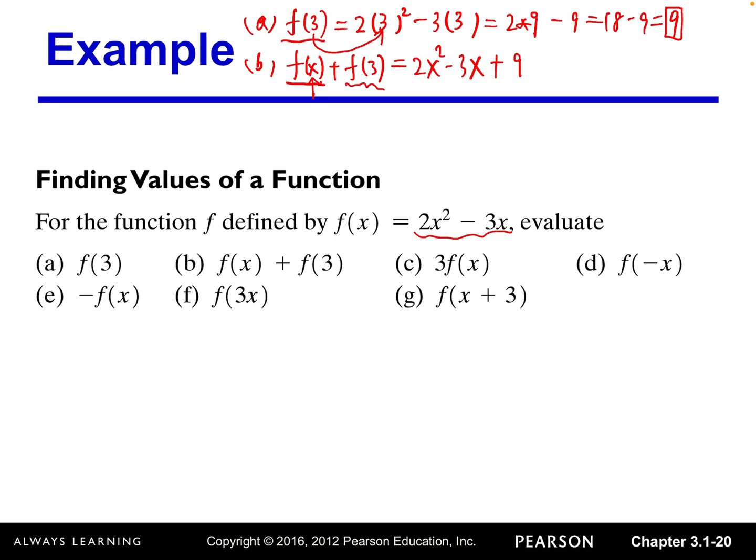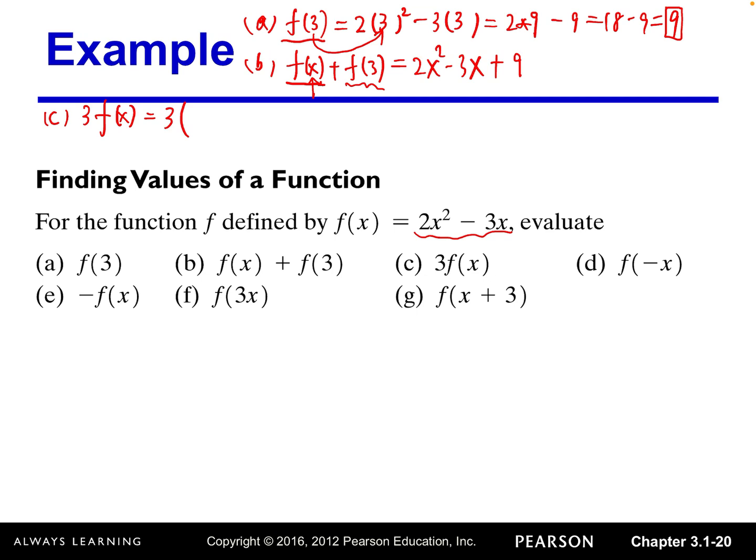So f of x plus f of 3, we got a trinomial, and we cannot simplify further. And then c, we want to evaluate 3 times f of x. This represents 3 multiplied by f of x.